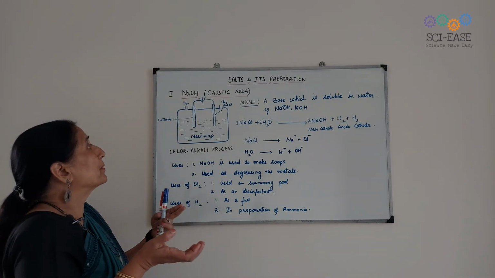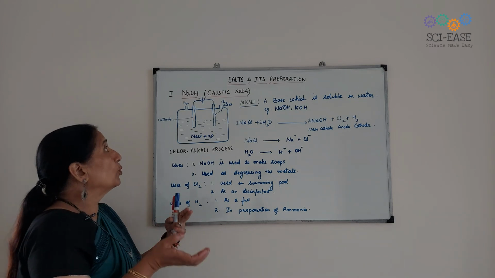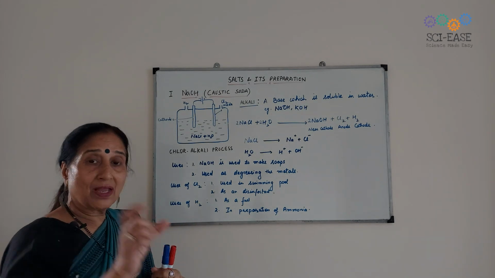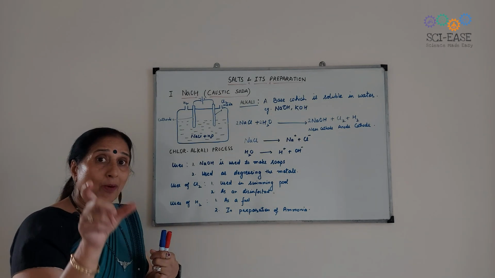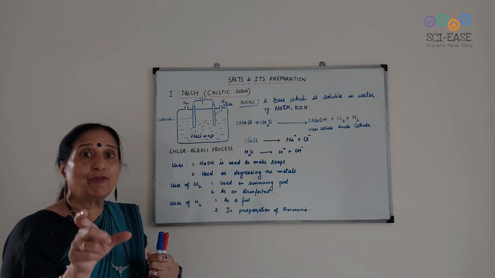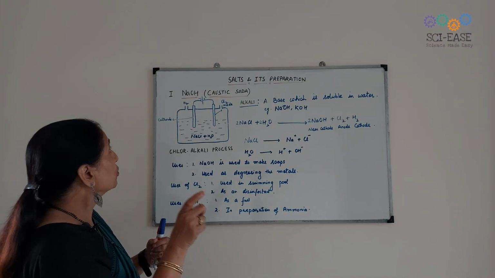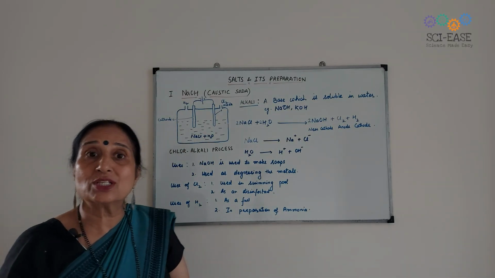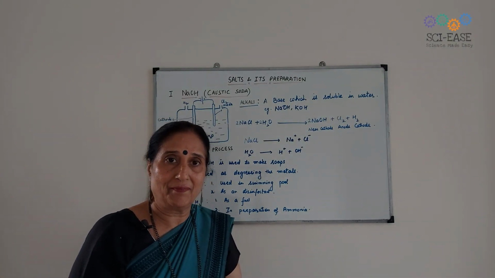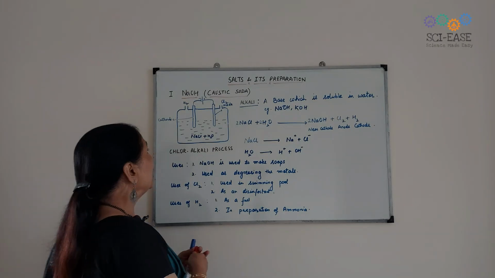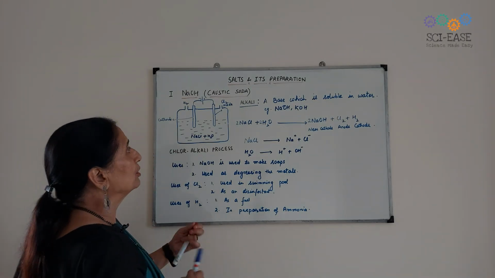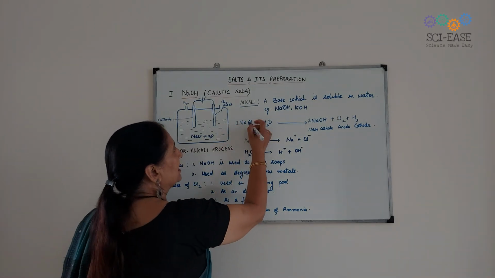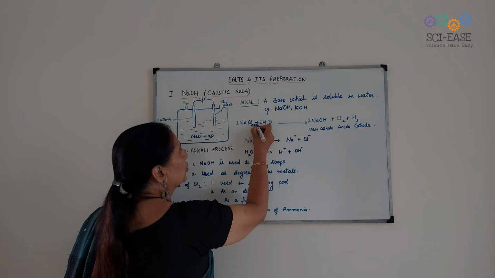Now, how can we prepare this sodium hydroxide? I have told you that the raw material which we take for the preparation of sodium hydroxide is an aqueous solution of NaCl. That is why we write here aq.